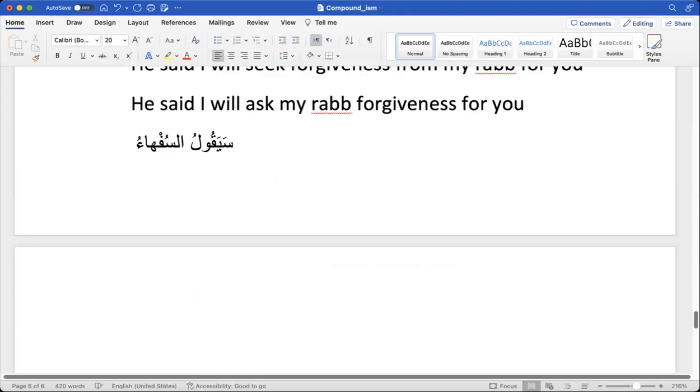Another example from the Quran, Surah Kahf: سيقولون ثلاثة رابعهم كلبهم.